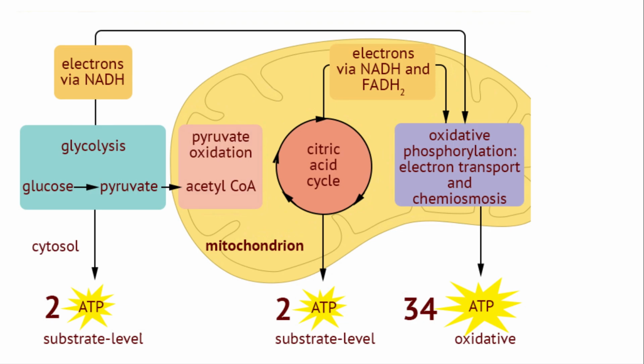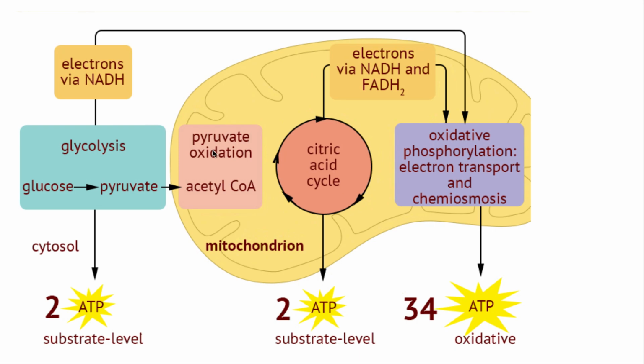All right, so let's break down this process. The entering molecule here is glucose. It starts with glucose and it happens in the cytoplasm, the cytosol. Glucose, a 6-carbon molecule, gets broken down into a 3-carbon molecule called pyruvate. The pyruvate wiggles its way into the mitochondria, and there it becomes a 2-carbon molecule called acetyl-CoA.